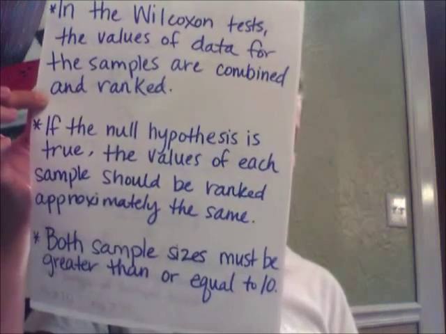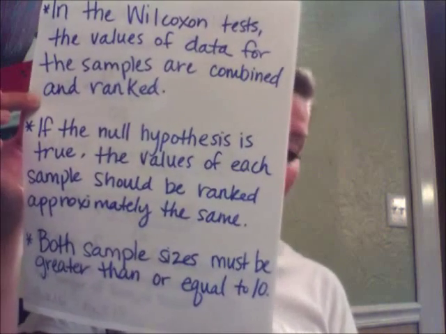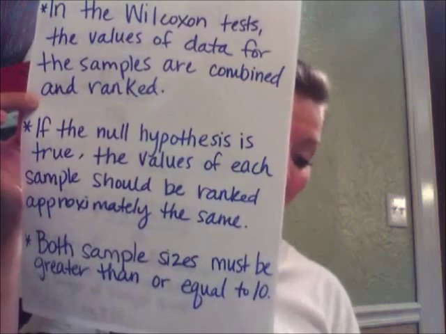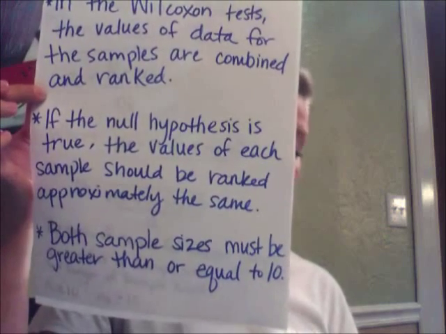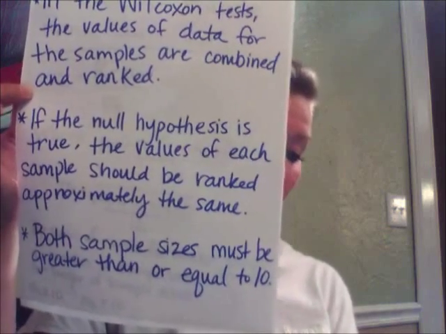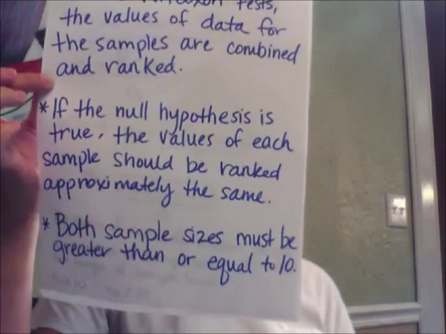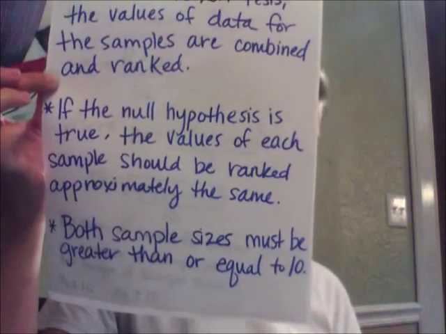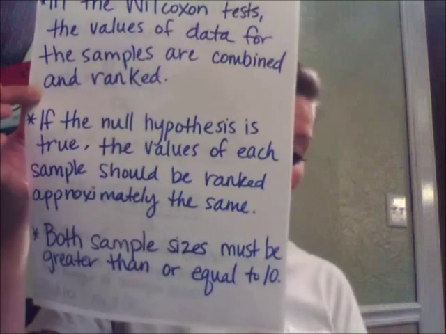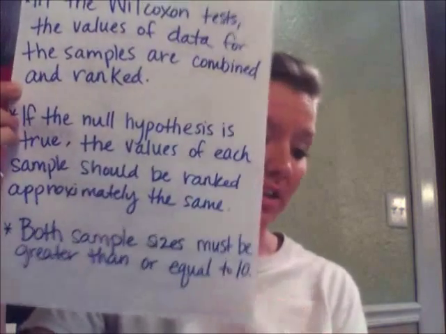Therefore, when the ranks are summed for each sample, the sum should be approximately equal and the null hypothesis will not be rejected. If there is a large difference in the sums of the ranks, then the distributions are not identical and the null hypothesis will be rejected.